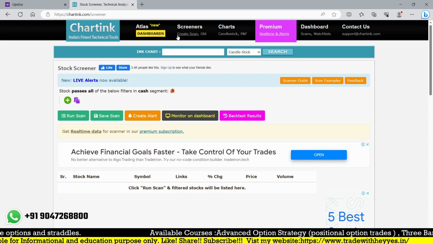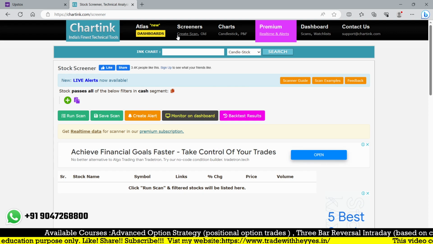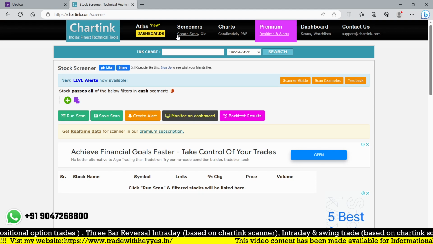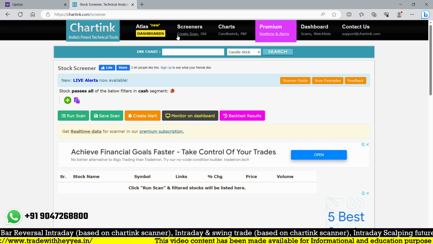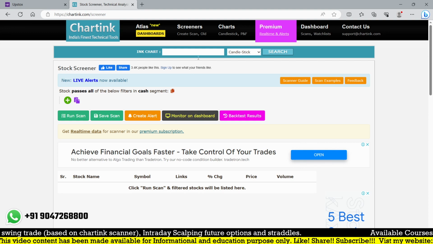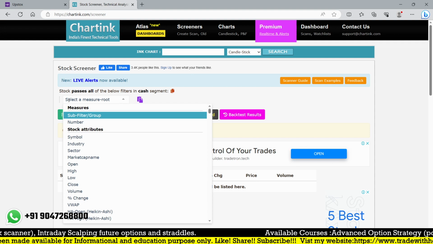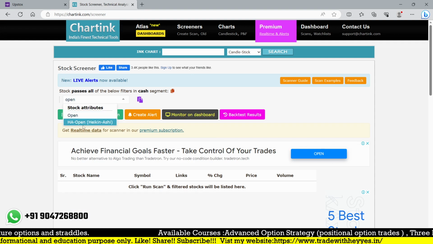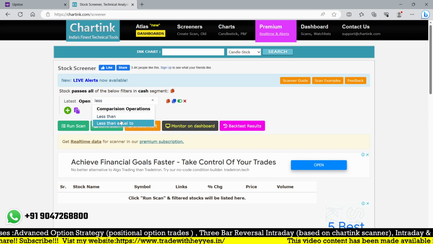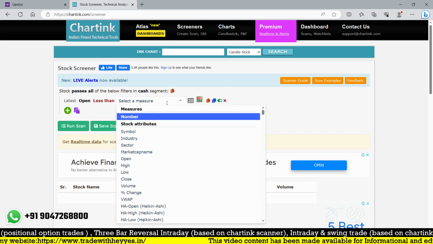The latest opening must be less than R3 as well as greater than S3 or L3, whatever. So R3 and S3. The latest open price must be less than Camarilla R3.